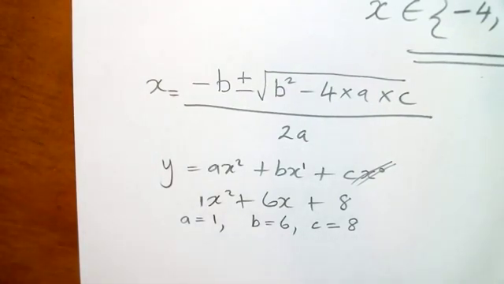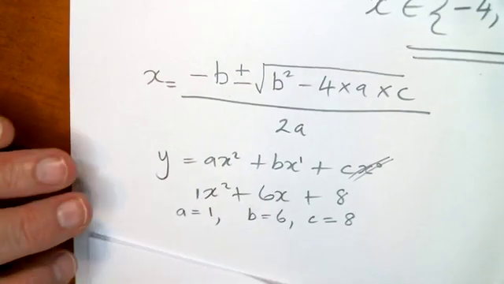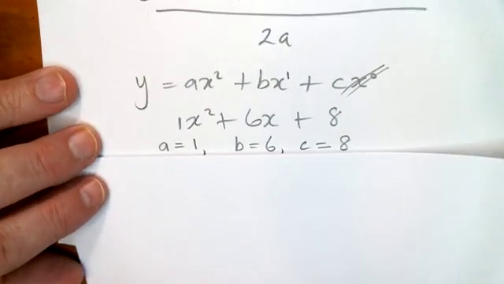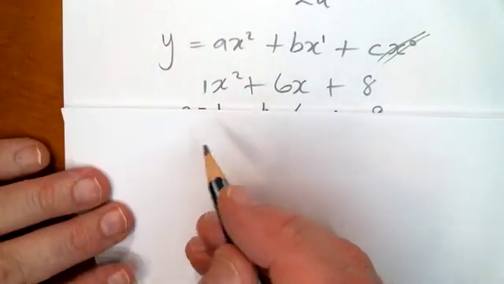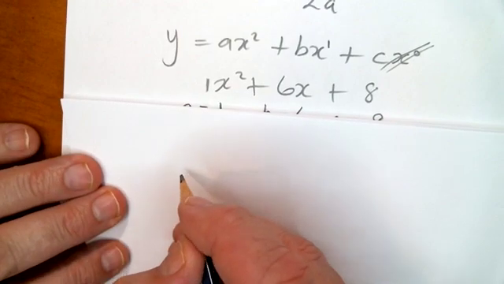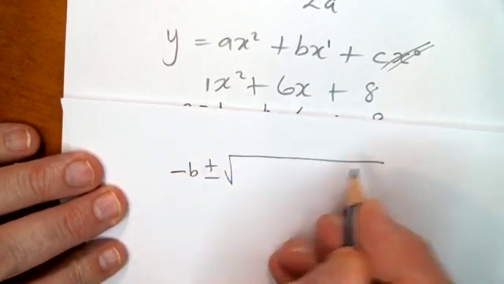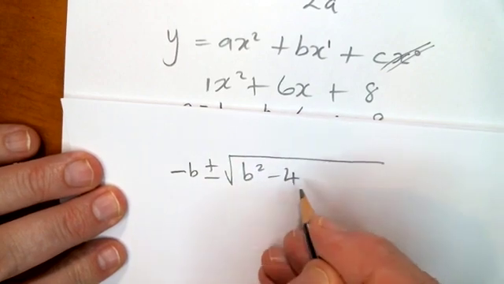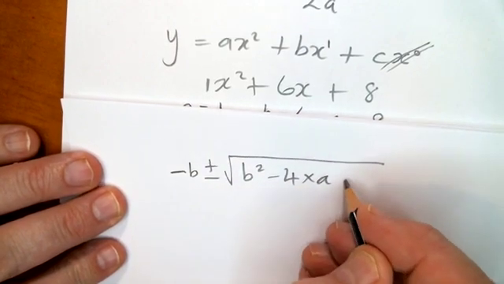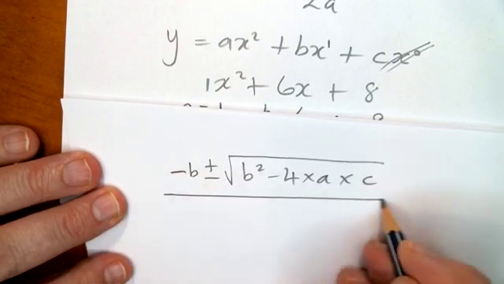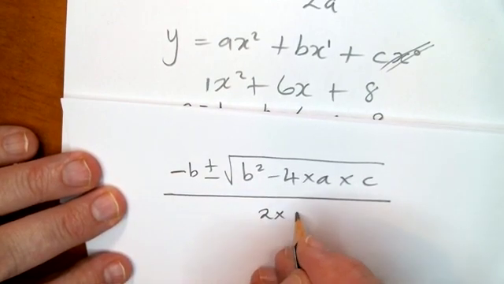So let's go ahead. I'm going to now populate the equation. Here it is. I'm going to restate the equation. So it's going to be minus b plus or minus the square root of b squared minus 4 times a times c, all over 2 times a.